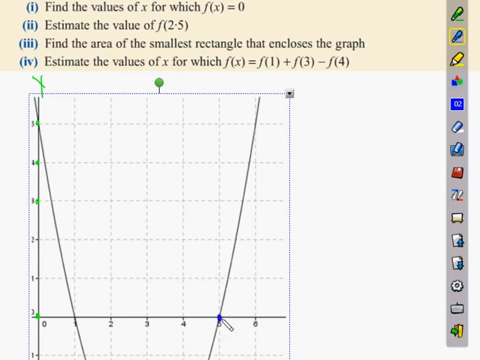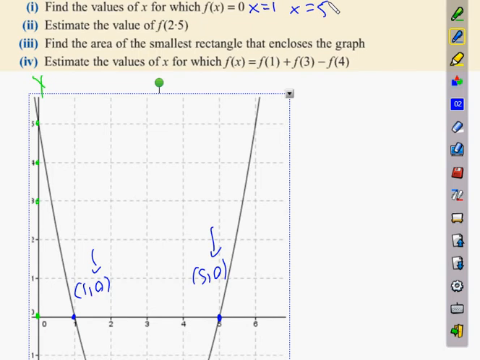And the other one? 1. Because these are the points 1, 0 and 5, 0. Both of them have an output of 0. Does everybody see that? When you draw them, the y value is 0, so they both have an output of 0. So the answer to this question is x equals 1, x equals 5.